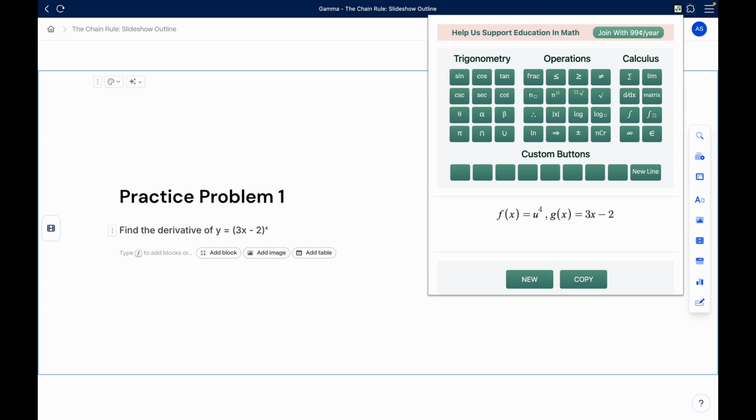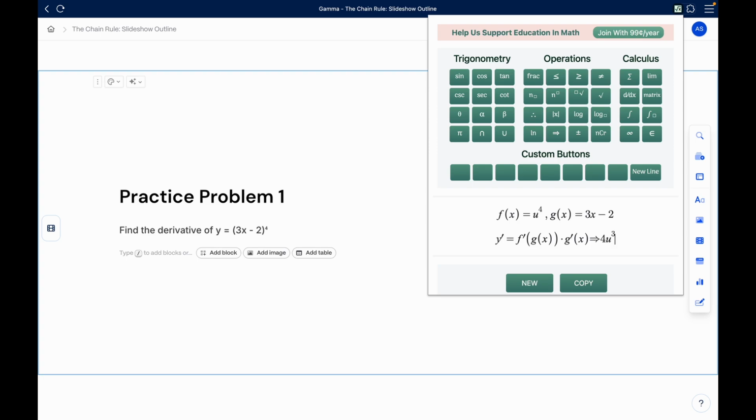Now let's state the chain rule. Y dash is going to be equal to f dash of g of x, or we can say f dash of u, multiplied by g dash of x. So with this figured out, let's start substituting. If we replace g of x with u and differentiate f, using the power rule, that will become 4u cubed.